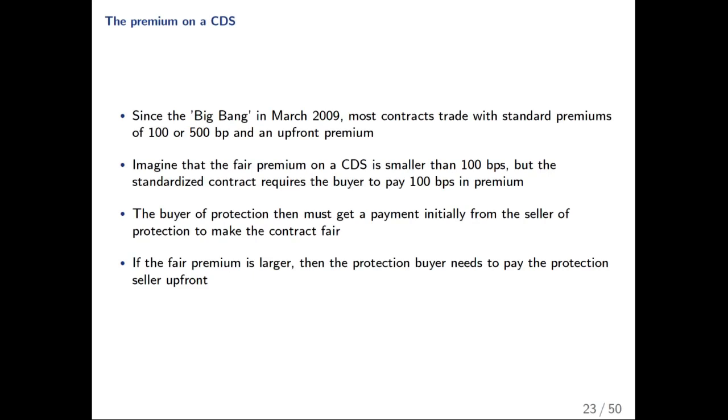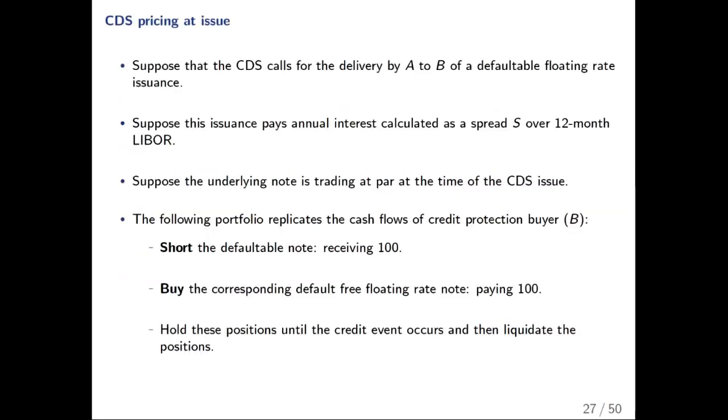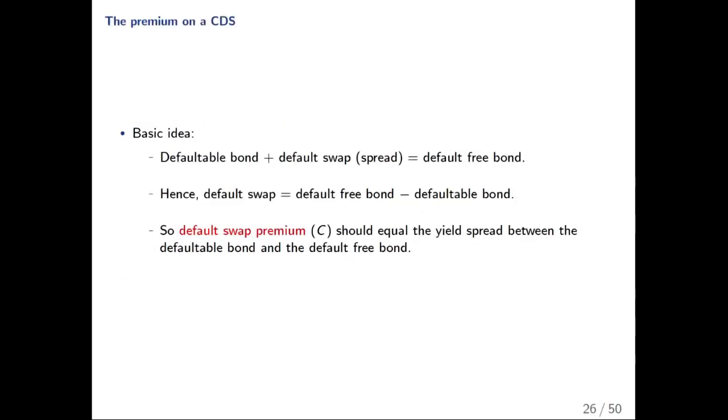The other way around, if the fair payment was larger than the standardized contract, I would give you some money to compensate you for the difference between the fair payment and the upfront payment. Ultimately, what we care about is the fair payment or the premium leg payment. That's what we care about when we value things. So that's what we're going to work out after.